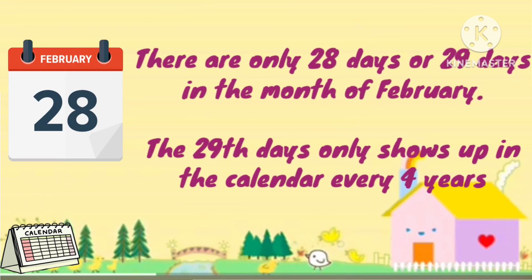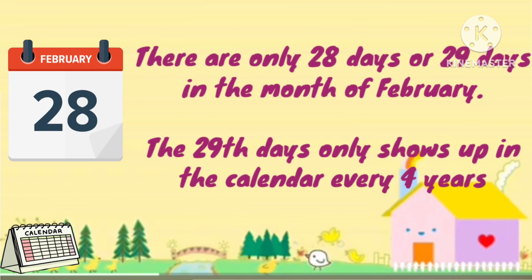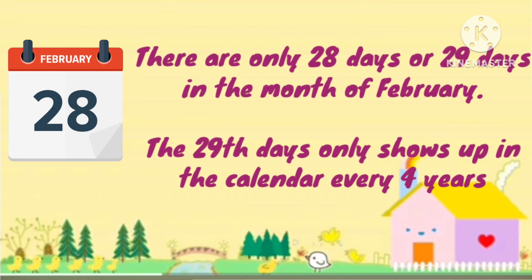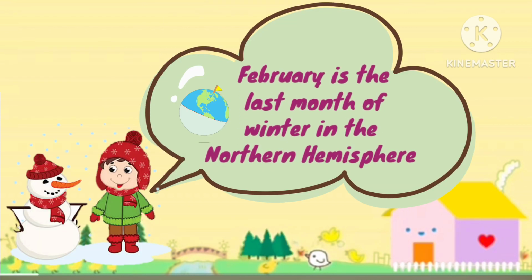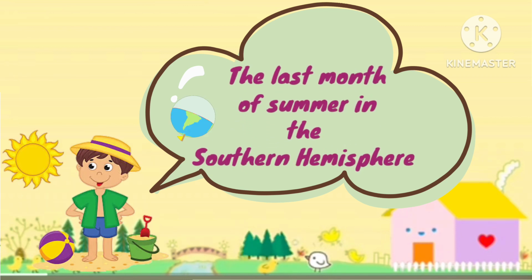So, kids, remember, there are only 28 days or 29 days in the month of February, and the 29th day only shows up in the calendar every 4 years. February is the last month of winter in the northern hemisphere and the last month of summer in the southern hemisphere.